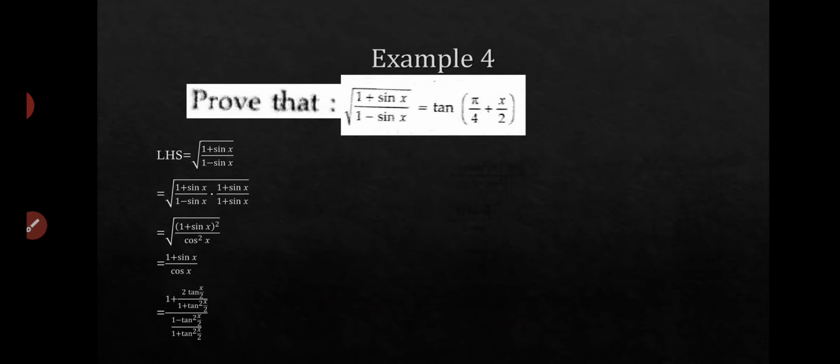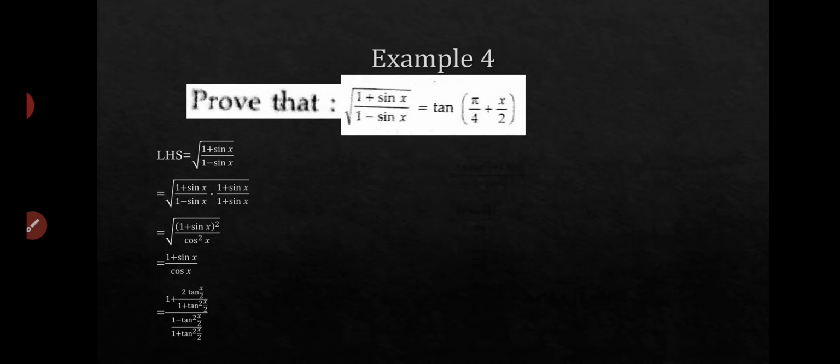See what we can do. Now from here you can make use of different kinds of processes. You can make use of the submultiple angle formula for sine x in terms of sine x and cos x. You can do all those things, but as we are trying to prove it in terms of tan, let me write sine x in terms of tan.